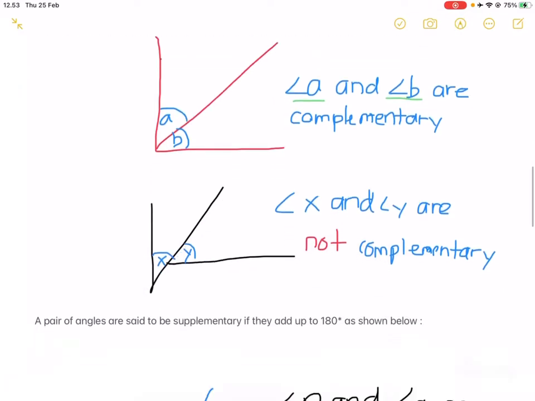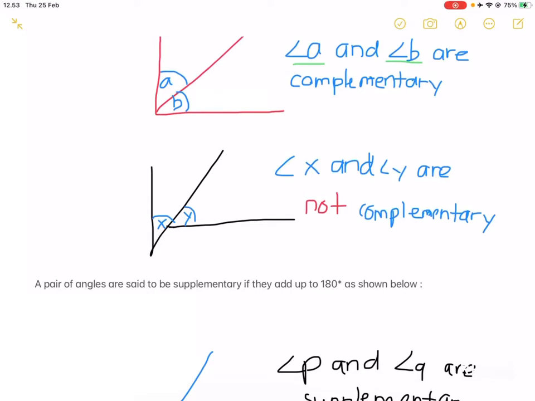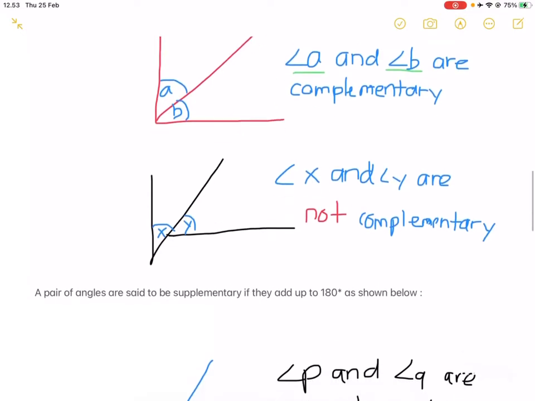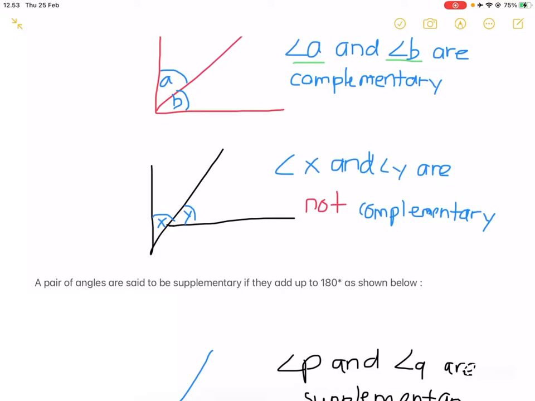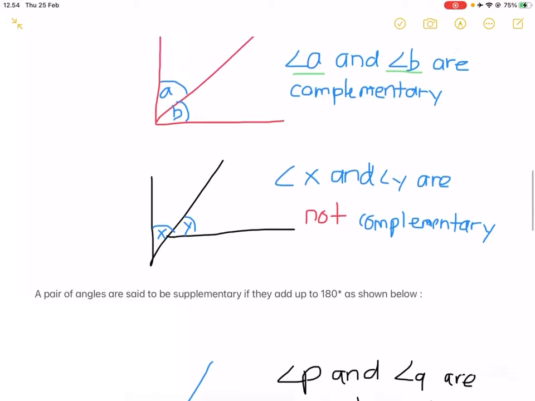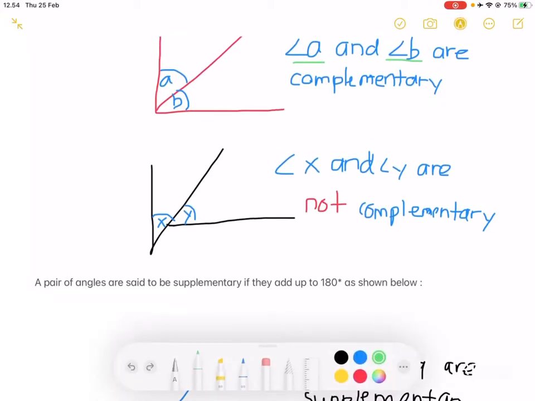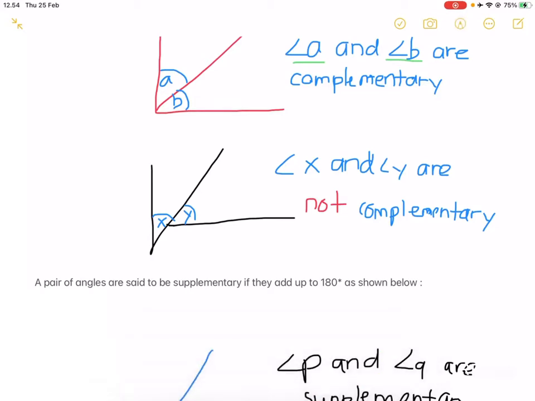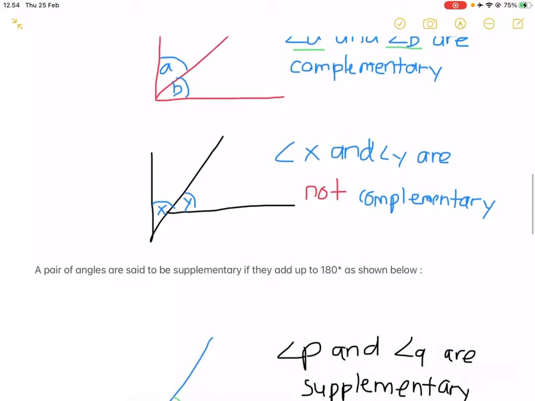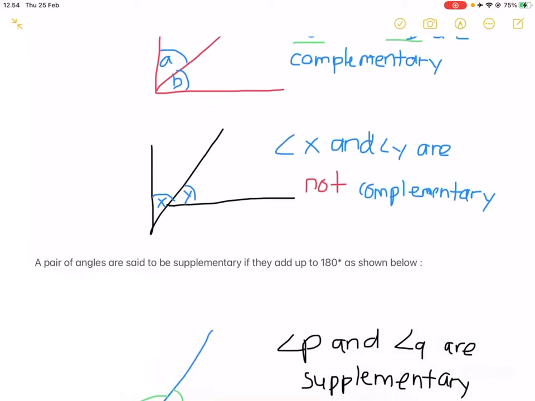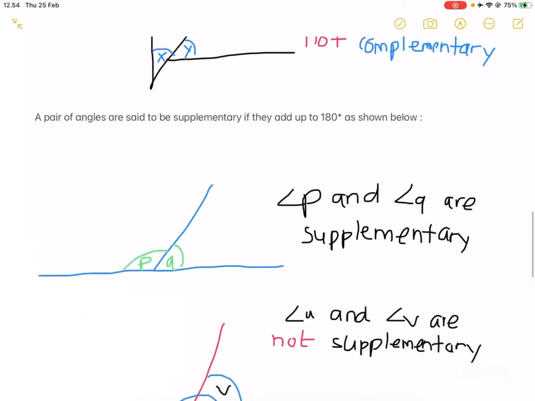For the second example, this is not a set of complementary angles. Generally it isn't, because it could add up to 90 degrees, however the setup here is incorrect. So we say angle Y and angle X are not complementary.